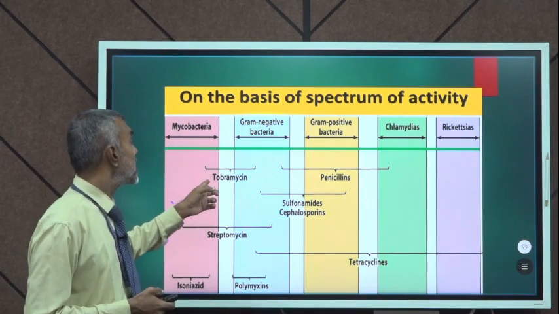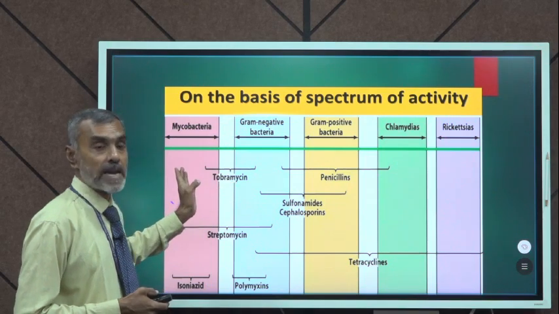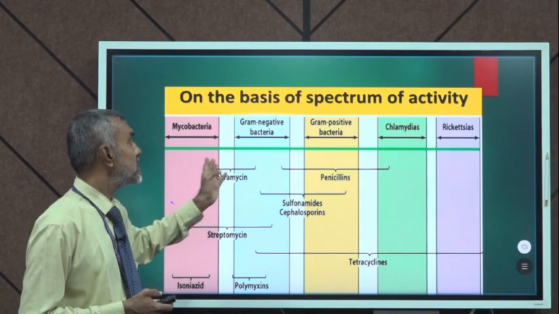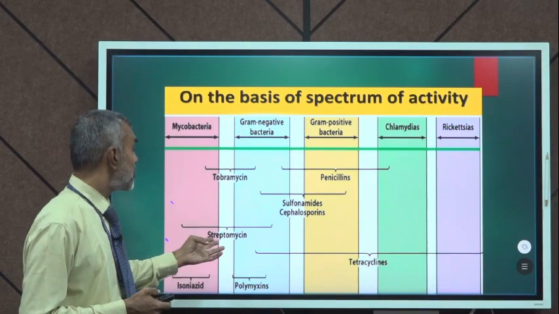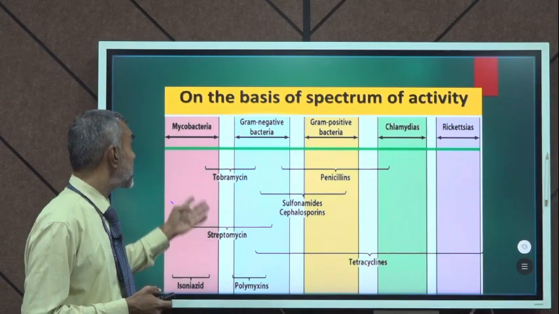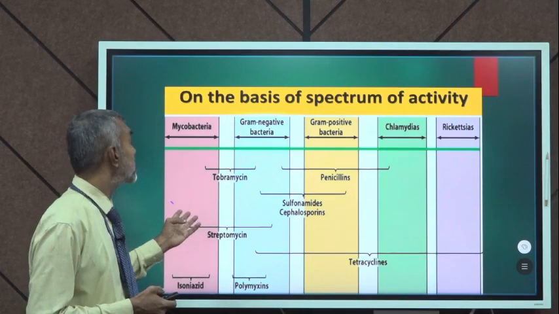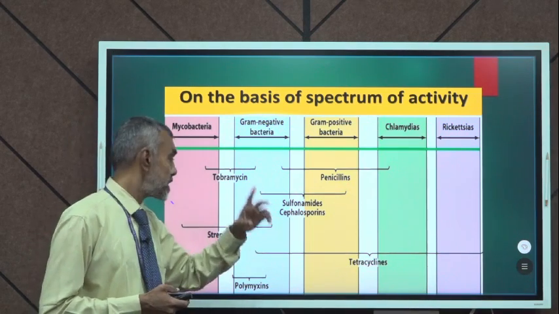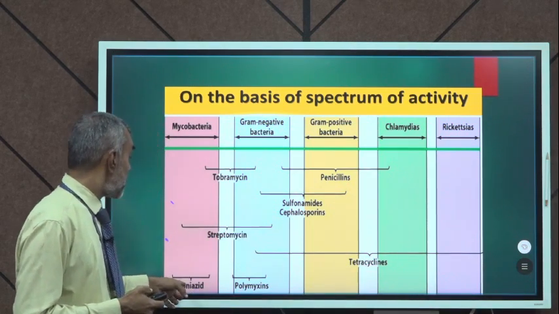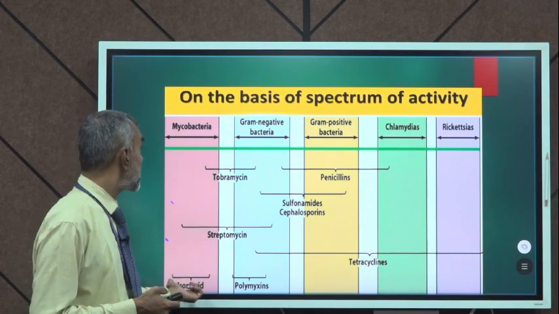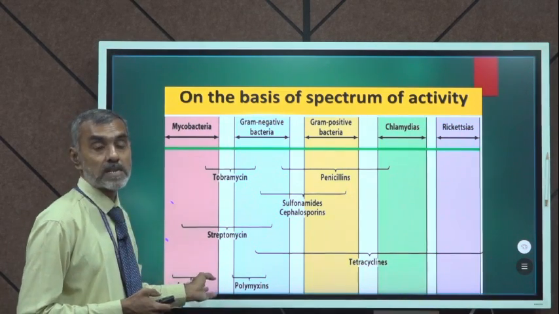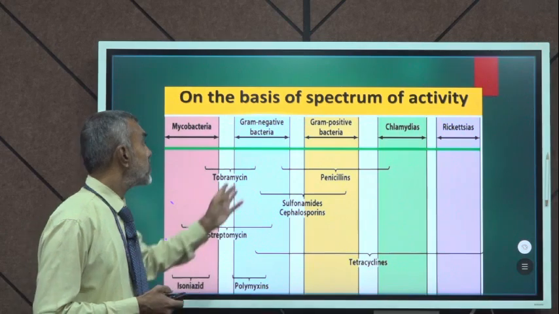For example, tobramycin is active against mycobacteria and gram negative bacteria. Streptomycin also comes under the same category, it can control mycobacteria and gram negative organisms. But isoniazid can control only mycobacteria, so that comes under narrow spectrum.